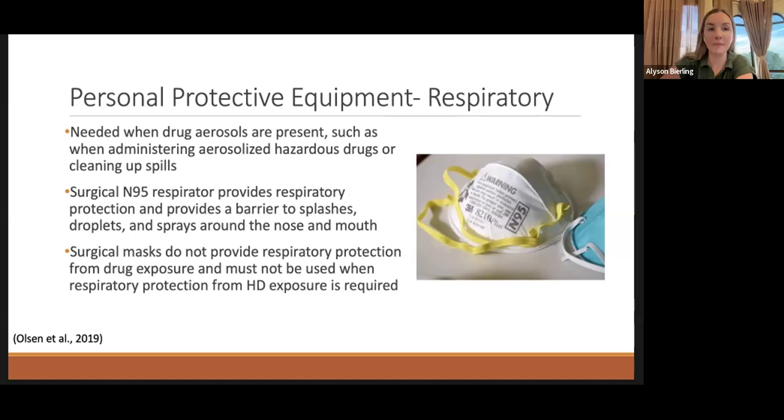We need to make sure we're using a surgical N95 respirator in these cases, as surgical masks won't provide the necessary protection from drug exposure. These N95 masks should also be on hand in your settings and included in a spill kit.